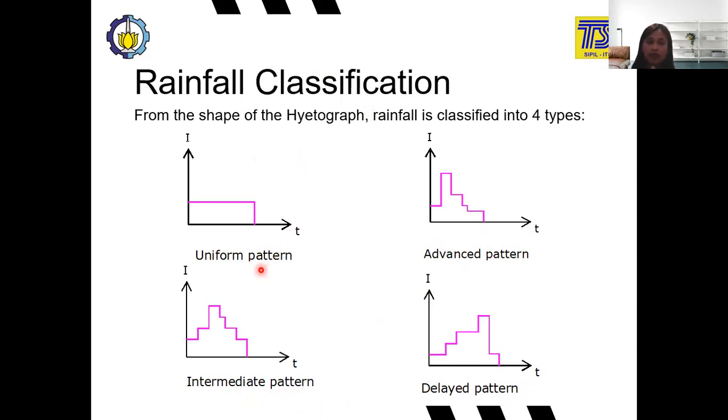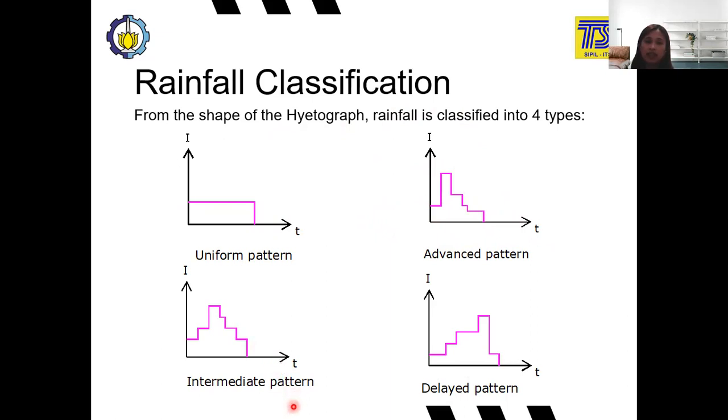Here for the uniform pattern, it means that the intensity of the rain is the same from the beginning until the end of the duration of the rainfall. But for the advanced pattern, the intensity of the rain is higher in the first, and then it's gradually decreasing until the rain stops.